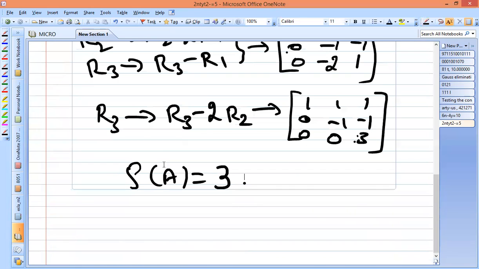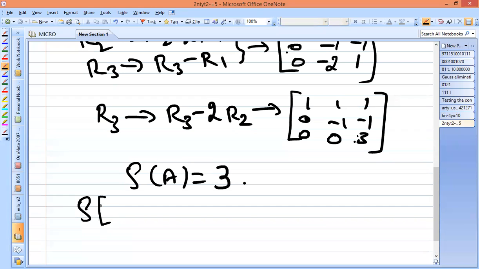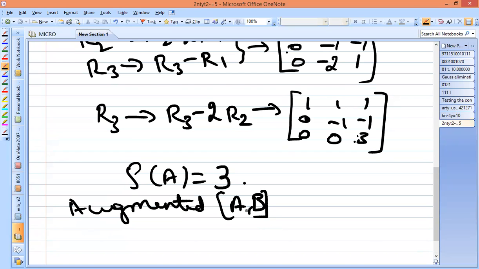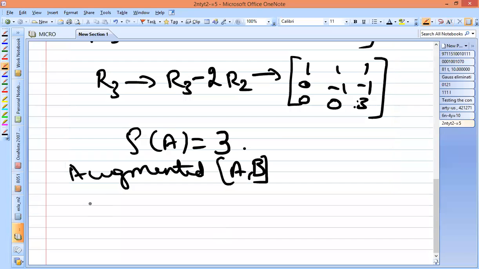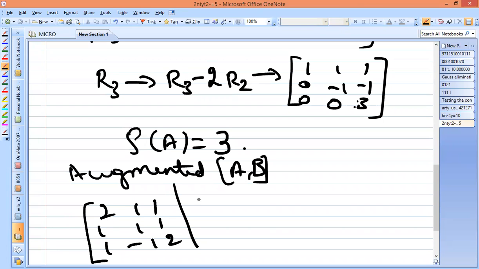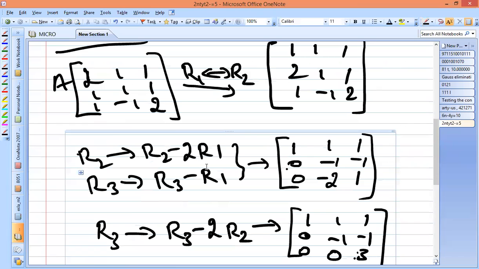For this problem, I'll just show how to get the rank of matrix A and the rank of matrix A, B within the same augmented matrix A, B. So now consider the augmented matrix A, B. Do it fast so that we can finish it soon. Here we have the elements 2, 1, 1, 1, 1, 1, 1, minus 1, 2. Draw a line. So here we have what are the solution?